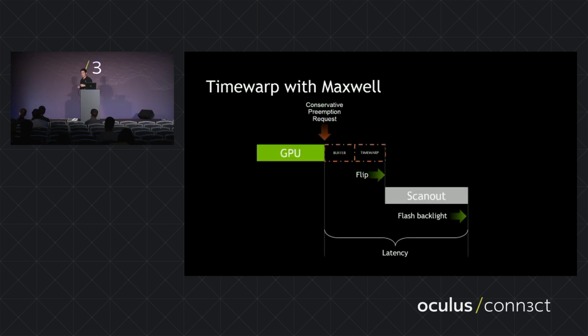So here's a visualization of that. With Maxwell, which is the previous generation before Pascal and all previous generations, so Maxwell would be like the 9 series, the way it works would be like this. There's this extra little buffering here between, so the GPU is rendering. There's a preemption request, which means, okay, we got to do time warp. That happens. There's an extra little buffer of operations there that you have to leave because there could be work that's in front of you in the graphics queue, and it's very coarse.